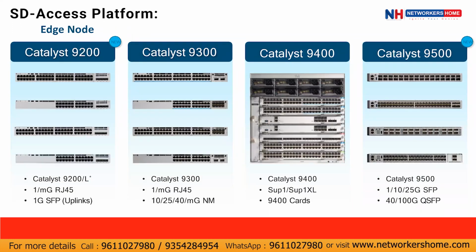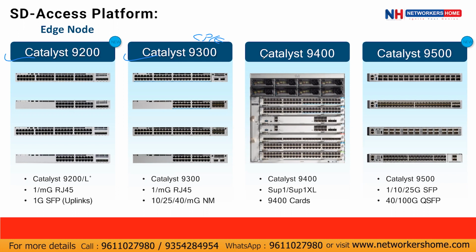Coming on to the edge nodes where all the endpoints connect: Catalyst 9200, a new addition to the Catalyst family, and 9300. This supports control plane as well as edge. Control plane we already discussed. There will be many devices which support all three functionalities: border, control plane, and edge.